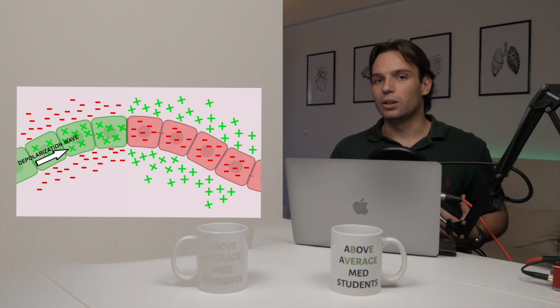However, from now on, when we talk about movement of charges, we only refer to the movement of charges outside of the cells, not inside of the cells, because with electrodes on the skin, we are only detecting charges that are coming from cells and moving through tissues, so we can only detect charges outside of the cells.